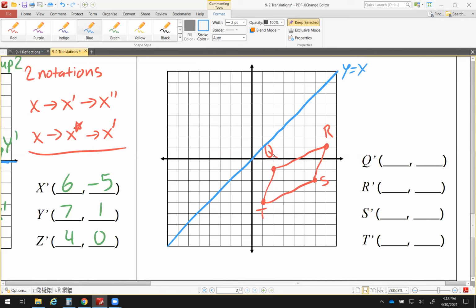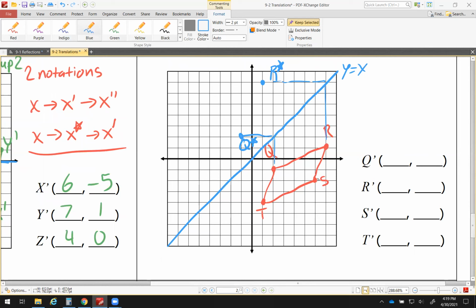And we'll just do that same technique we had earlier where we go up by 3 and then over by 3, and that will be Q star, because we're not at our final spot yet. R will go up by 6, so it'll go over by 6. There's R star.